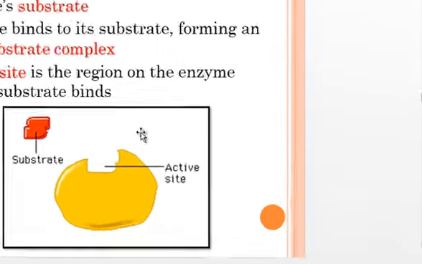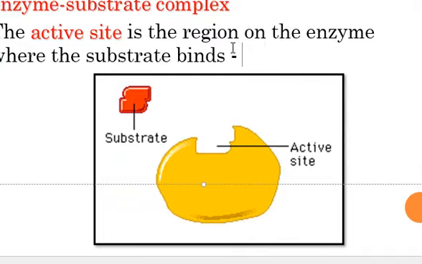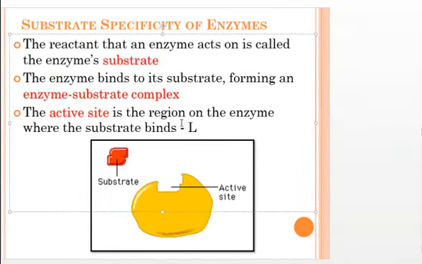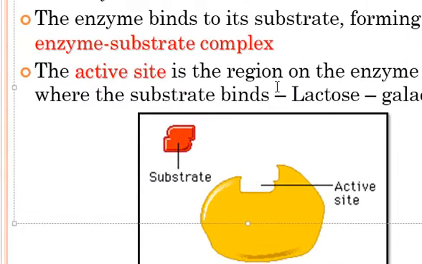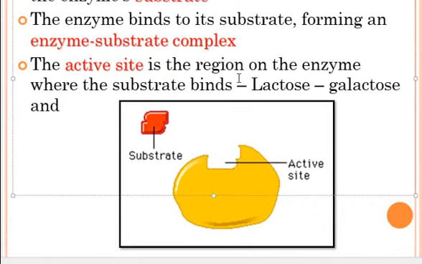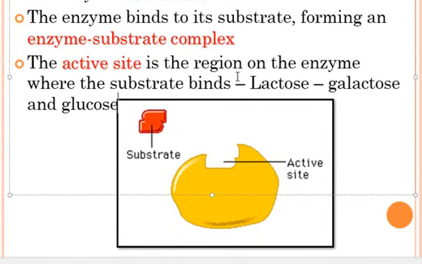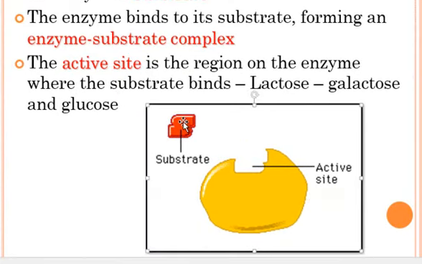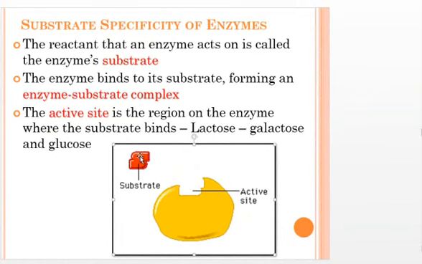So lactose is basically a disaccharide, and it is composed of two simple sugars, galactose and glucose. So if this molecule here is lactose, it's got galactose and glucose. It will attach to lactase, so you can say that this is lactase, the enzyme.